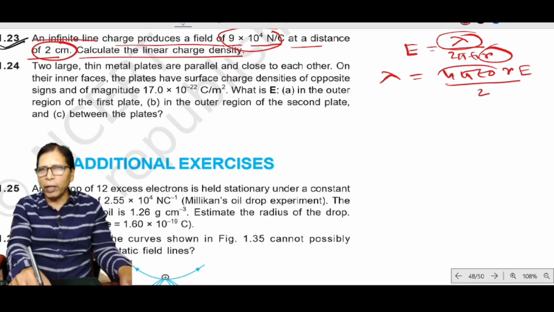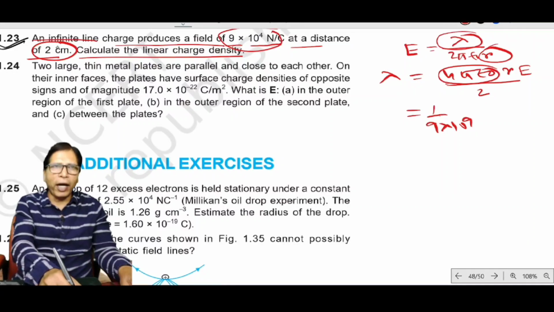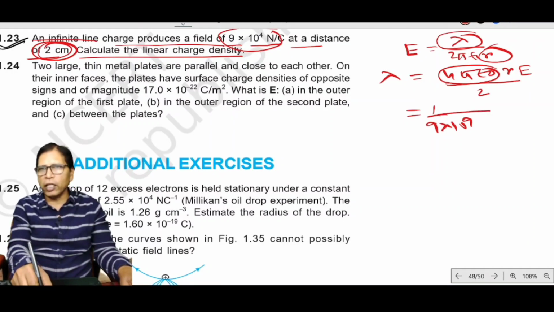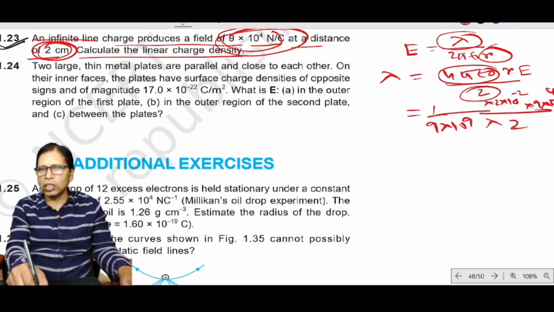Now the value of 1 by 4 pi epsilon naught is 9 into 10 to the power 9. The value of R is 2 centimeter, so this is 2 into 10 to the power minus 2. What is E? This is 9 into 10 to the power 4. And this is the 2.